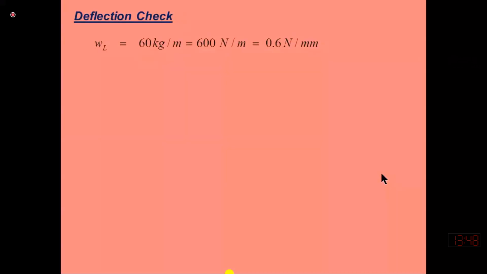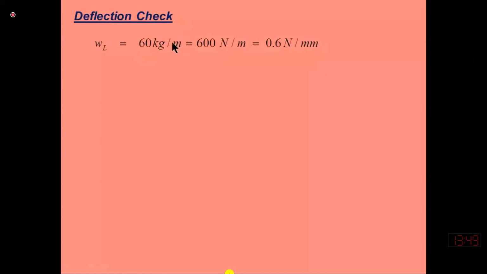Okay, I told you that we only check the deflection for live load only. We do not check deflection for total load or factored load. All types of deflection will be checked for live load only. So we are already provided with the live load, which was 60 kilogram per meter square.